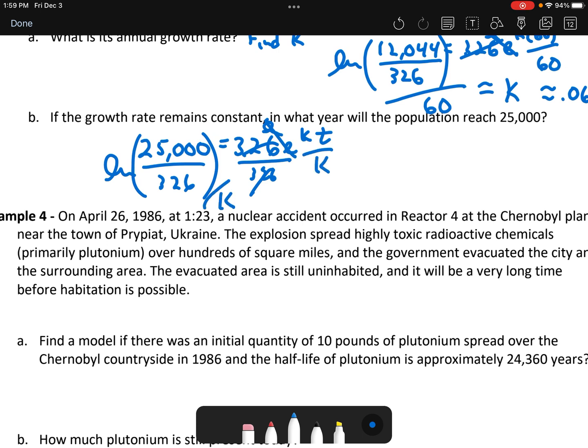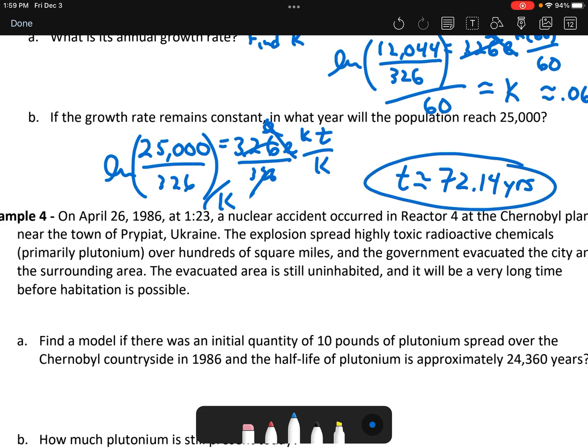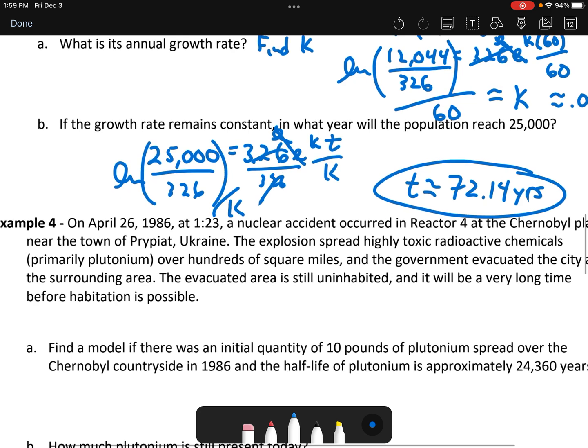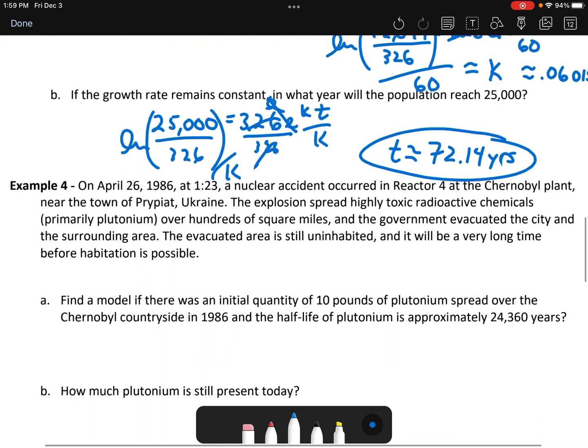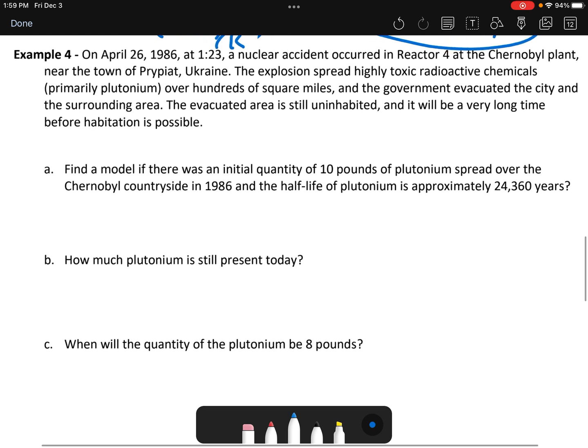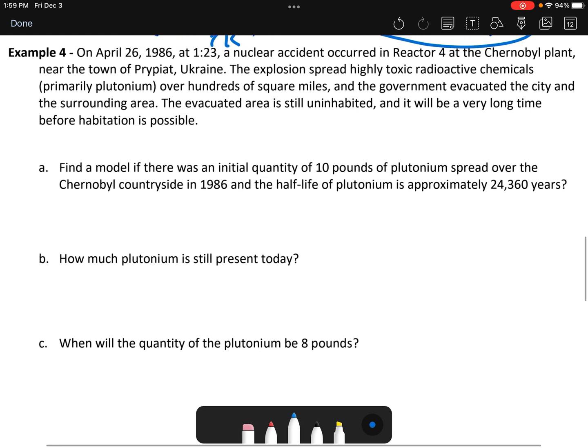Natural log, divide by K, there's our T. So the natural log of 25,000 divided by 326, close parentheses, divided by alpha K, it will take about 72.14 years to get to 25,000 people, starting in 1952. All right? So again, it just seems like we're repeating the same thing, right? Which is great, because that helps us learn it.